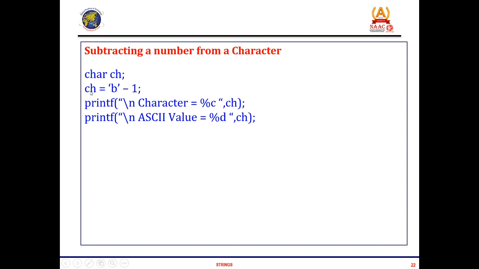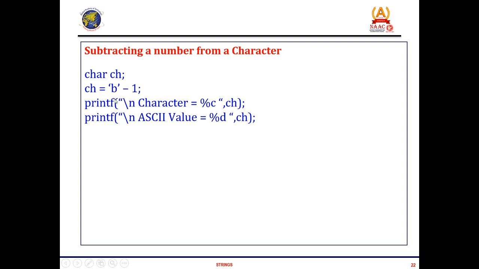Now let us look at what happens in ch is equal to 'b' minus 1. Since b is enclosed in a pair of single quotes, you are trying to subtract 1 from this b, so the ASCII value will come into picture. What is the ASCII value of small b?